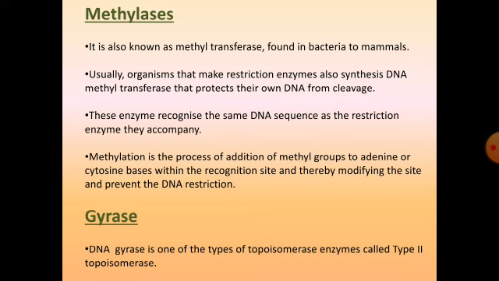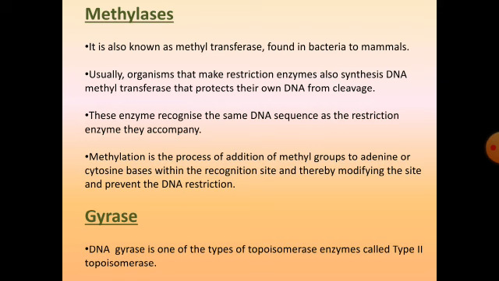The next enzyme is methylases, also known as methyl transferases. They are mostly found in bacteria, and also from bacteria to mammals. Usually, organisms that make restriction enzymes also synthesize DNA methyl transferase that protects their own DNA from cleavage.